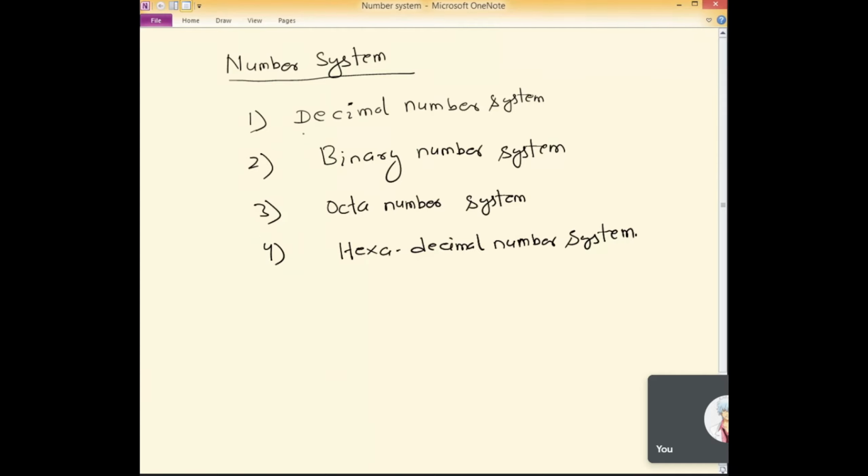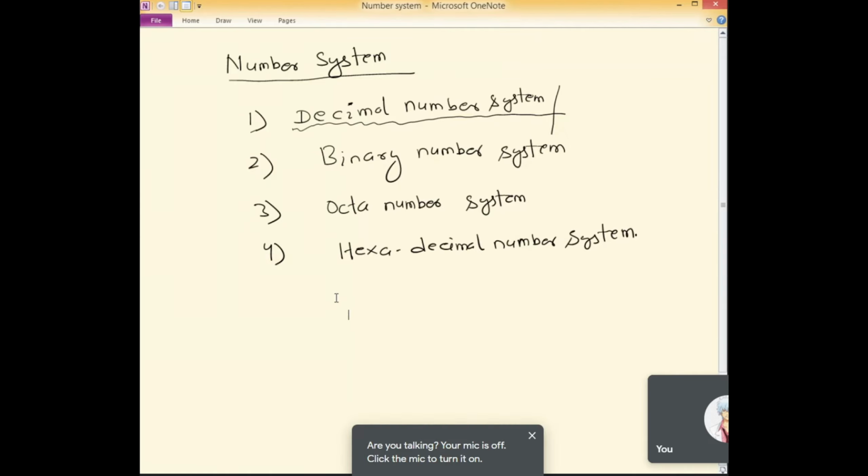So how do we classify these number systems?